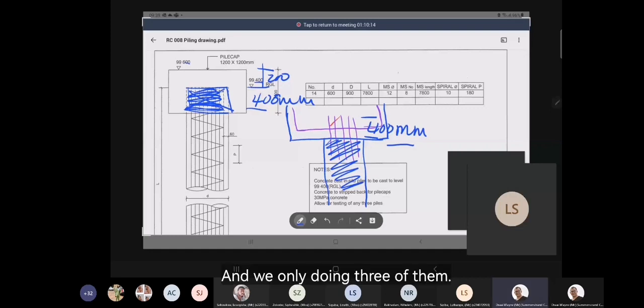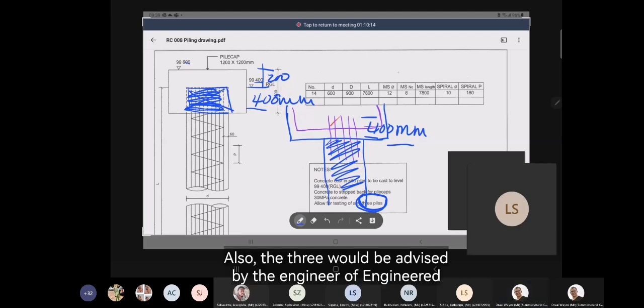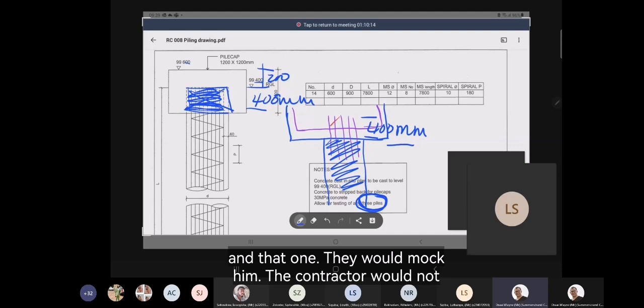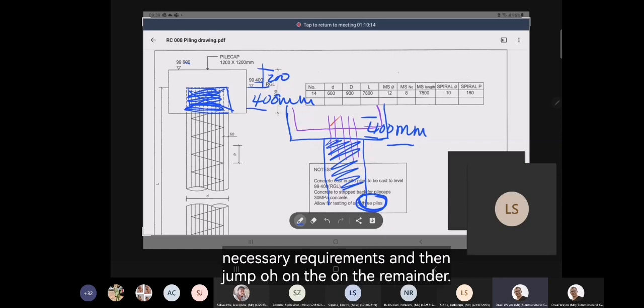And we are only doing 3 of them, because over there we were tasked to test 3 of them. Also, the 3 would be advised by the engineer. The engineer would come in and say, I want you to test this one, that one and that one. They would mark them. The contractor would not know beforehand, so that they can ensure that those meet the necessary requirements and then jip on the remainder.